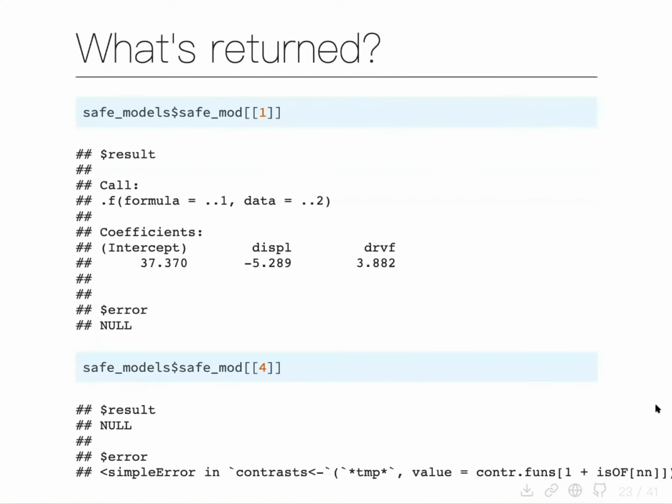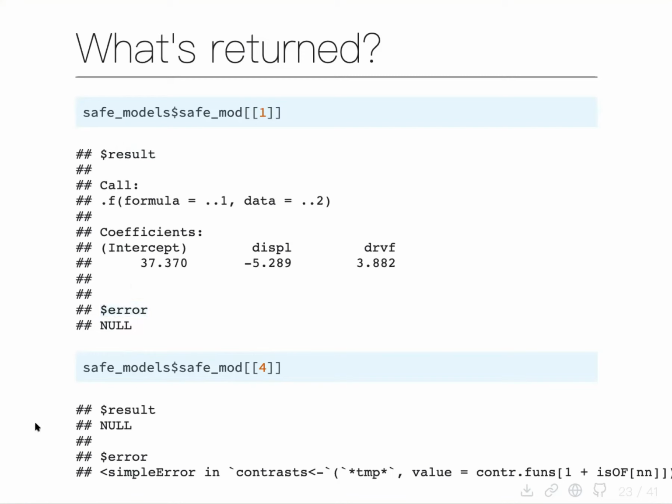If we look at the first one, safe mod, double bracket 1 because we're indexing the list, we see it is itself a list. We have result and we have error. The first one has the result in it. The fourth one, which is for cylinder 5, has an error in it, and it has no result.